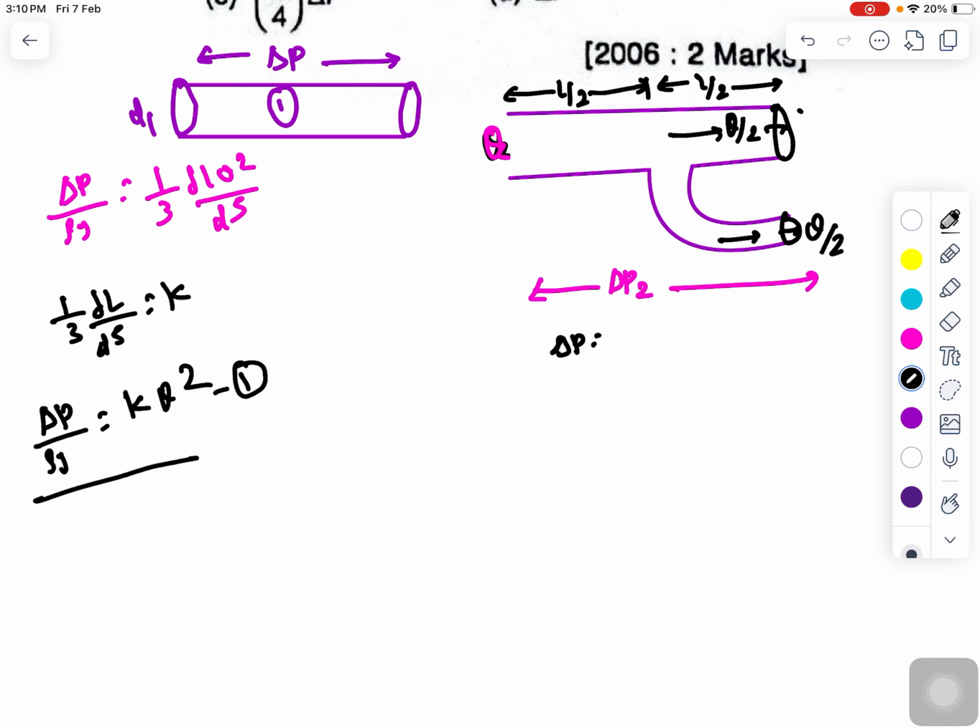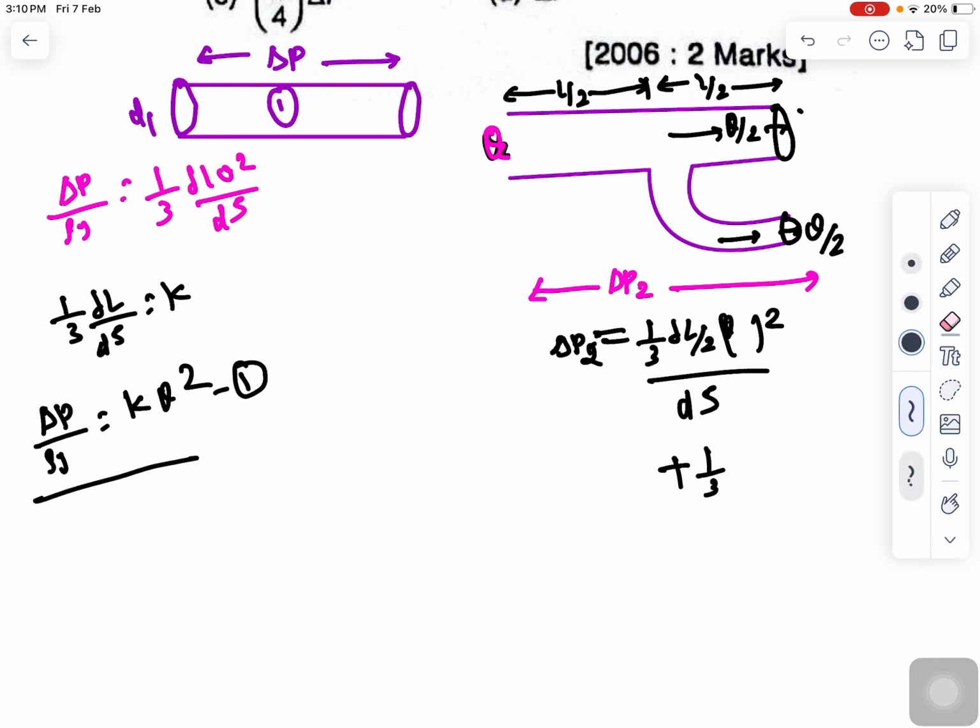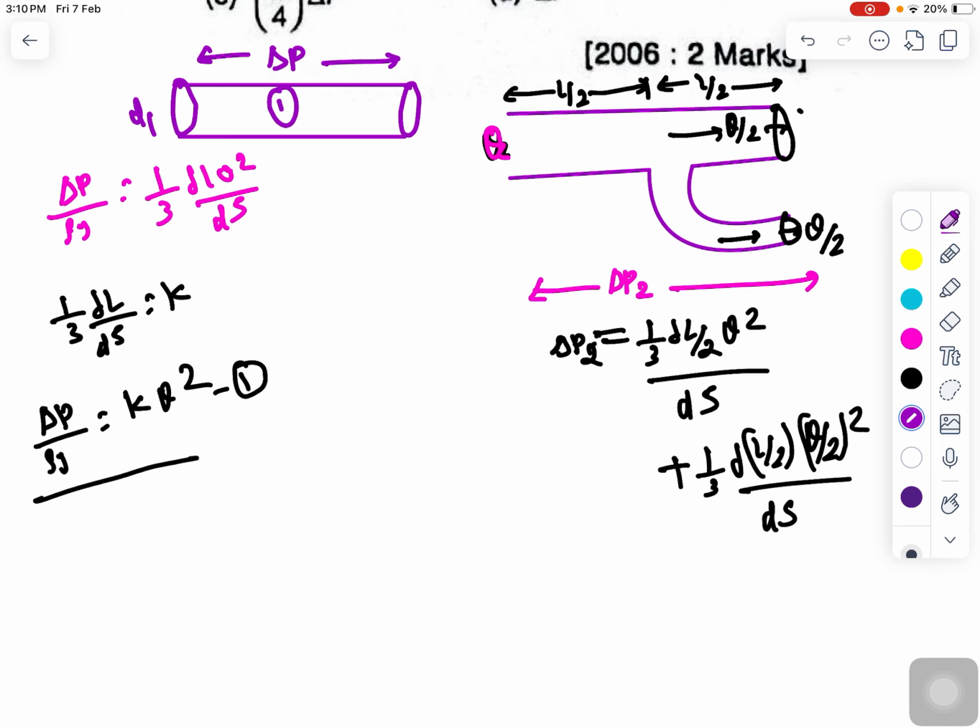And from the other case, delta P2 can be written as 1 by 3 F L by 2 and Q by 2 whole square divided by d5. Is that clear?